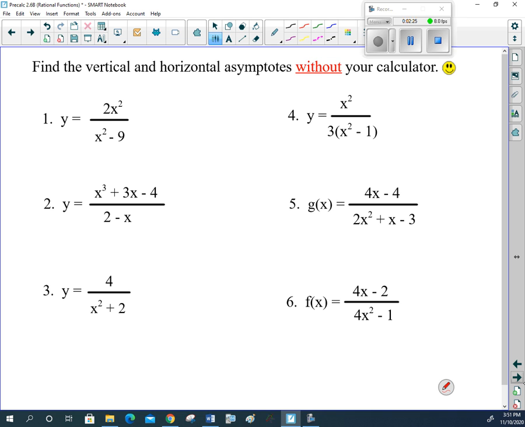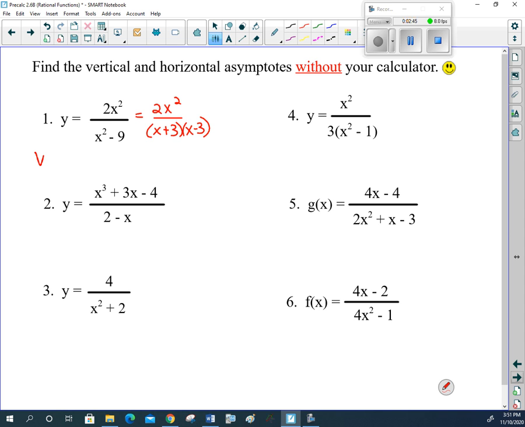So here we go. As a quick review, we want to find all the vertical and horizontal asymptotes without even looking in our calculator. We've got to be able to do it algebraically. For vertical asymptotes, you want to make sure everything's factored first. So this is going to be 2x squared over (x plus 3)(x minus 3).